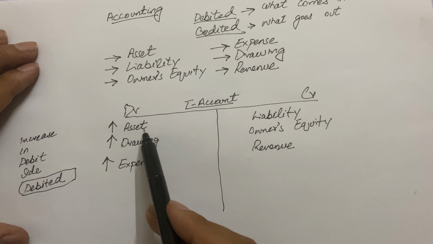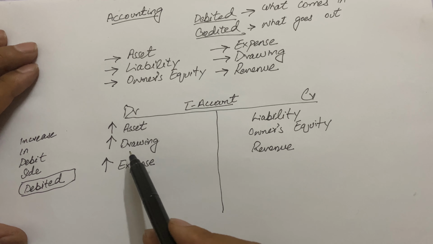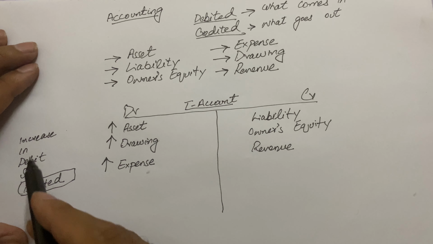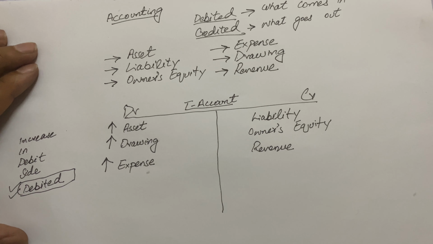So whenever there is an increase in an asset account, drawing account, or expense account, it will always be debited.